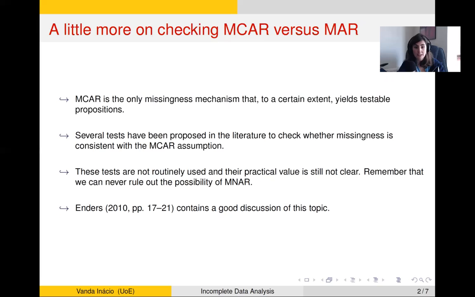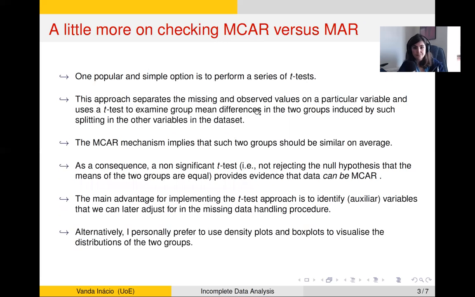And Enders, the author of the book Applied Missing Data Analysis, one of the books from the reading list, contains a good discussion of these topics, although what we will be seeing here is enough.